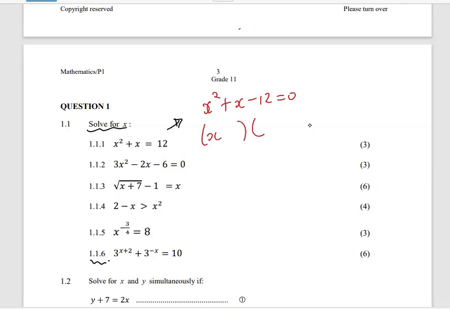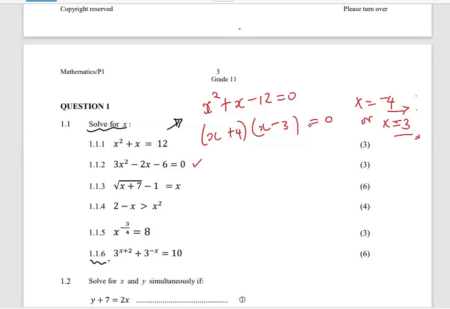So this is x, and then that is also x. We can say plus 4 minus 3 is equal to 0. And if that is true, meaning that x is negative 4, or x is 3. Okay, so those are the 2 answers for the first part. And then the next part, which is 3x squared minus 2x minus 6 is equal to 0.